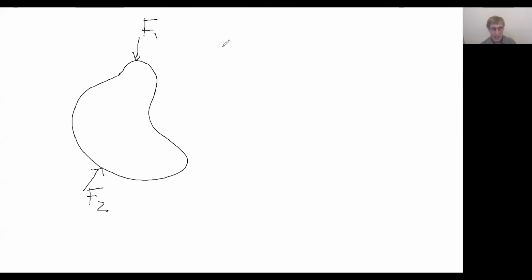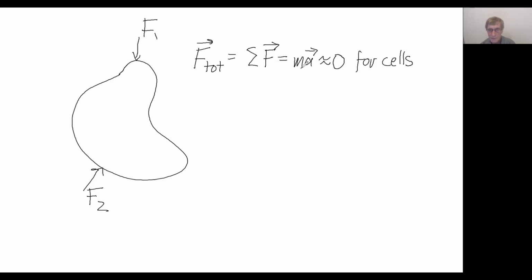And in mechanics, we know that the motion or acceleration of an object is driven by the total force, which is the sum of all the individual forces. And it's a vector sum, so let me emphasize that. And that is mass times acceleration. And this turns out to be very small for biological cells. So let me, in fact, work that out.